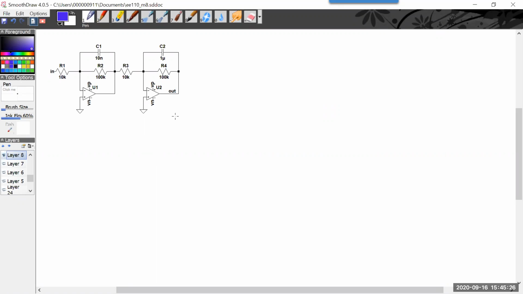So we pretty much have the same problem as before, except the capacitances are different. All right.